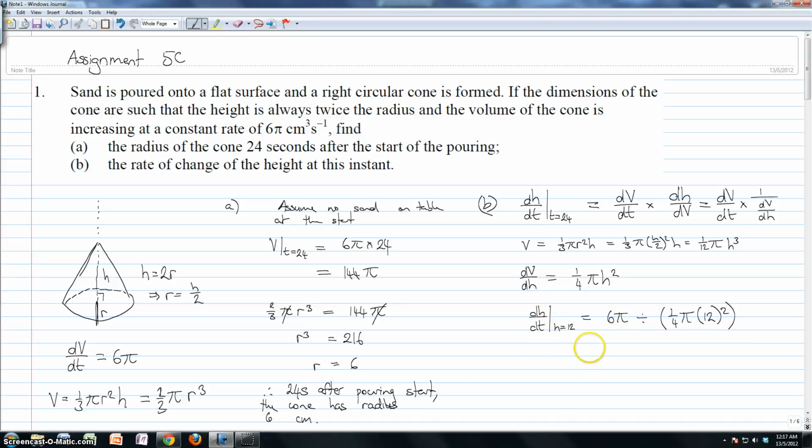So this is 6 pi over 144 divided by 4, 36 pi. So you can see quite a bit of cancellation goes on here, certainly the pi's, and then I'm left with 1 over 6. And we conclude, therefore, the rate of change of height is 1 over 6 cm per second.